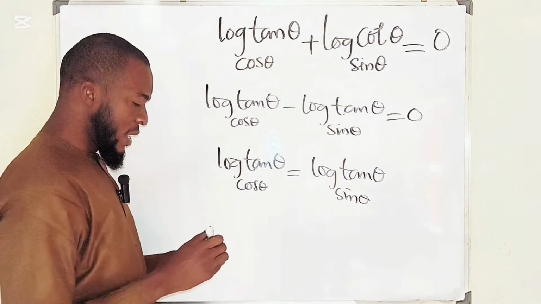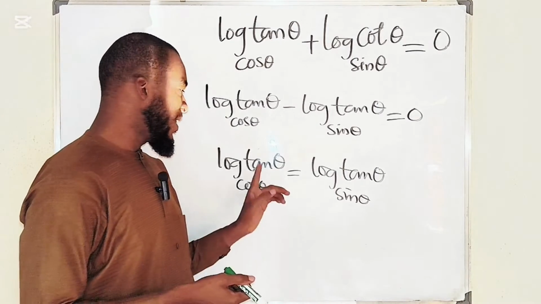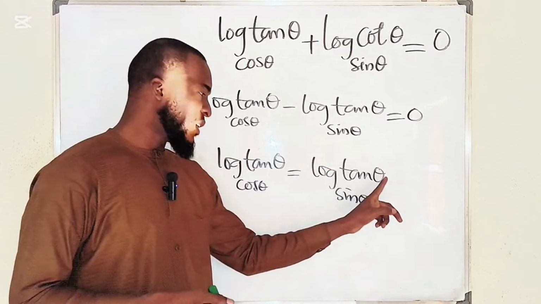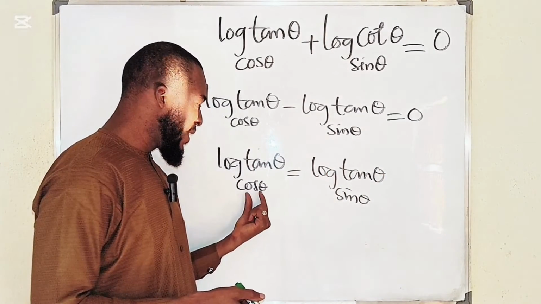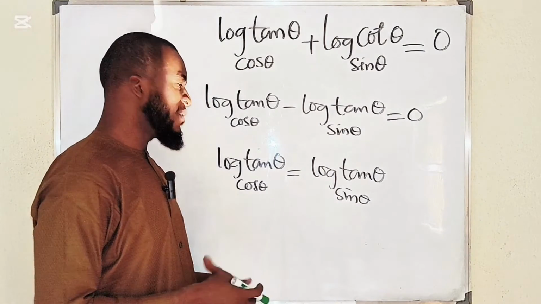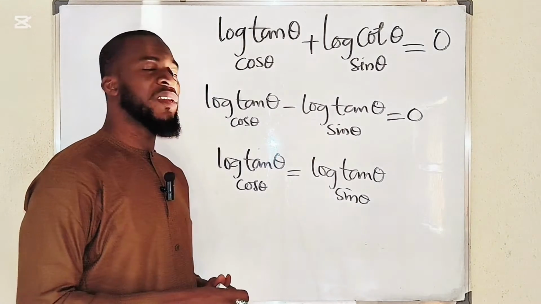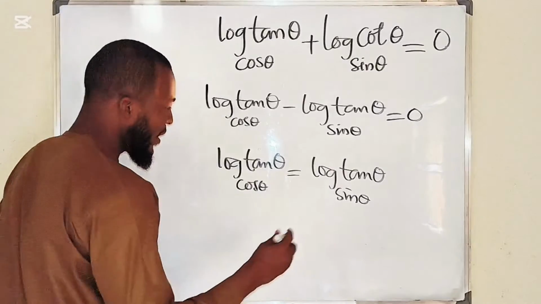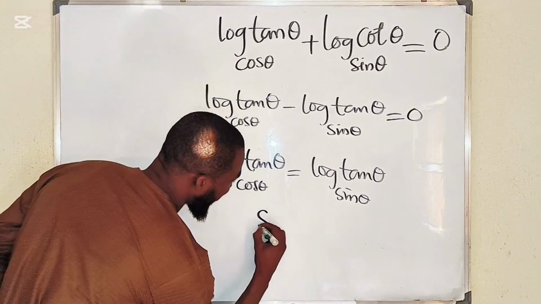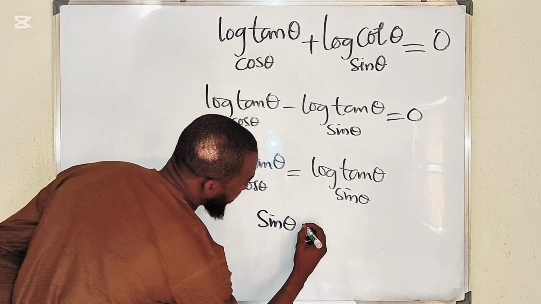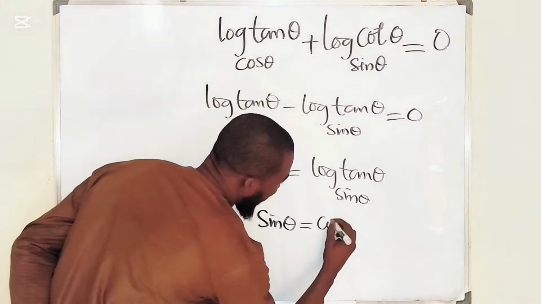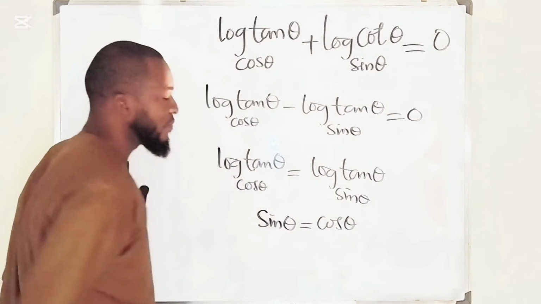This is what we have. So if you relate, this is log of tangent theta, this is log of tangent theta. They only have different bases, which means that these bases must be the same. Definitely, they must be the same, which implies that sine of theta must be equal to cosine of theta.